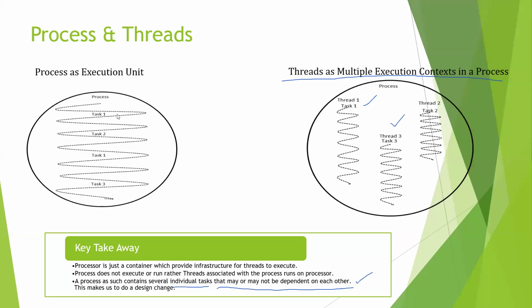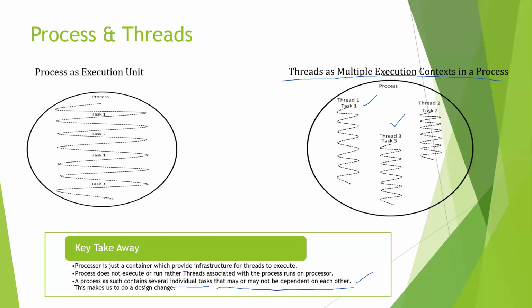So this is what it is, the process and the threads. Process is basically something that has multiple tasks which it gives to the threads to execute the workload, right? Process will not execute any of the queries or any of the workload on its own, right?